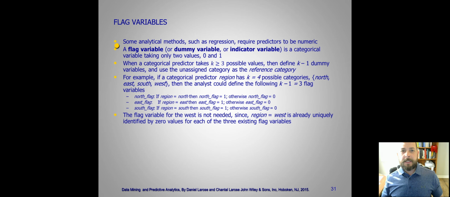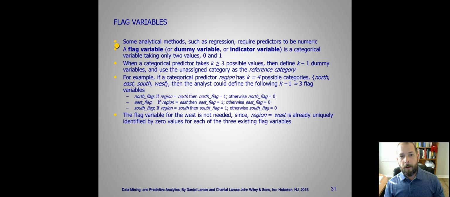So if I take the instance where I have a categorical predictor variable called region, for instance, that's four possible categories: north, east, south, west, right? I can define those as k minus 1. So I need to define three flag variables. I can define the north flag, the east flag, and the south flag.